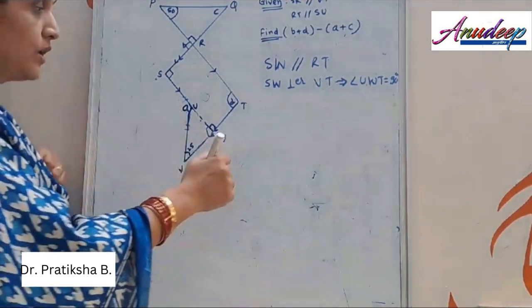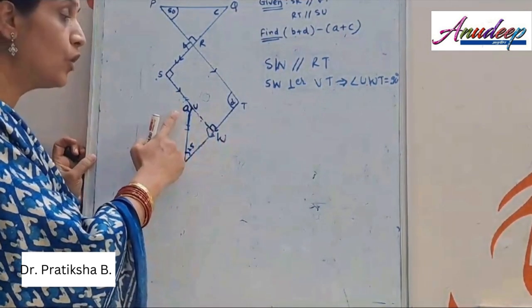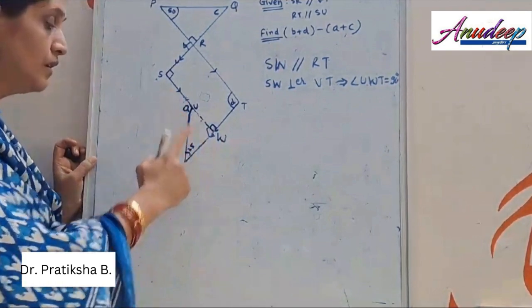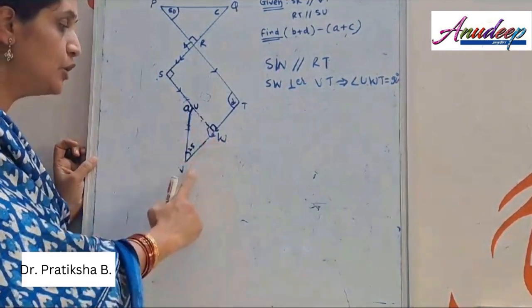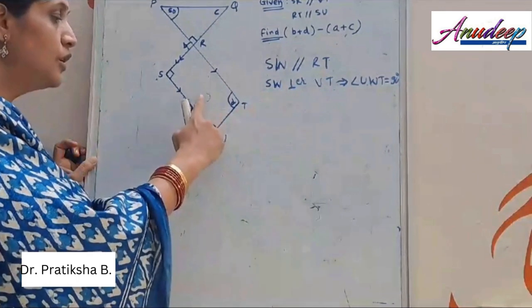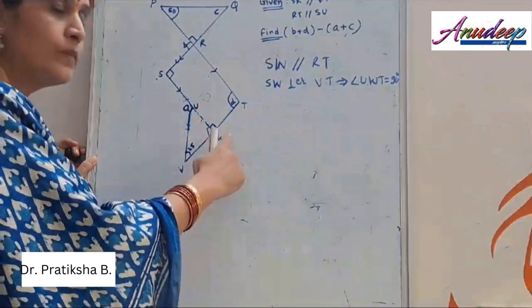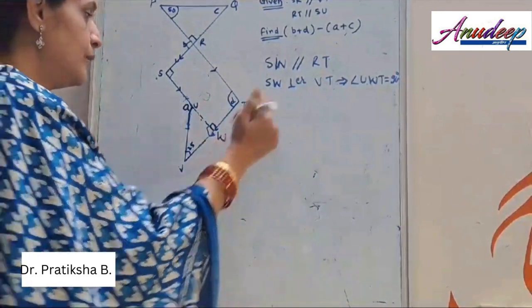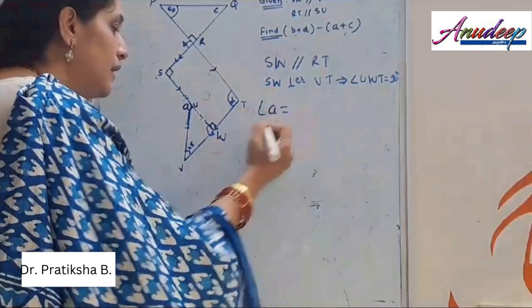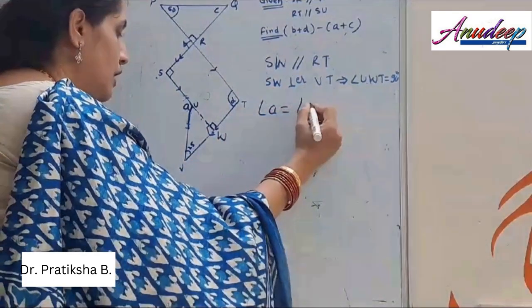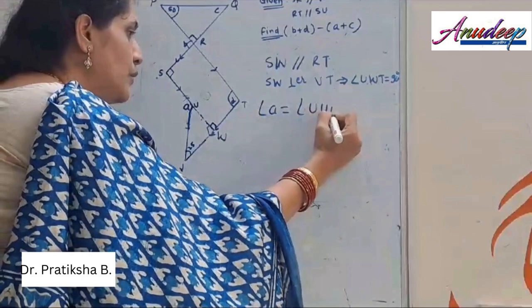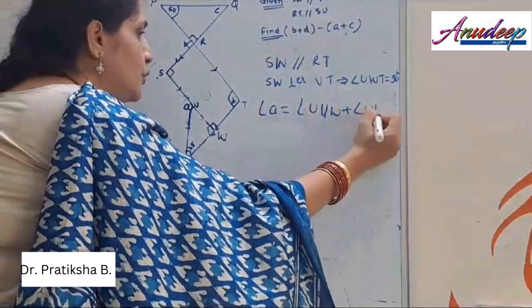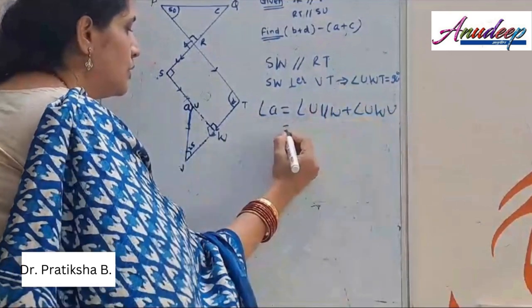Now if you notice, angle A forms the exterior angle with the two interior angles U and V in the triangle UVW. By the exterior angle theorem, we know that angle A will be equal to angle UVW plus angle UWV.